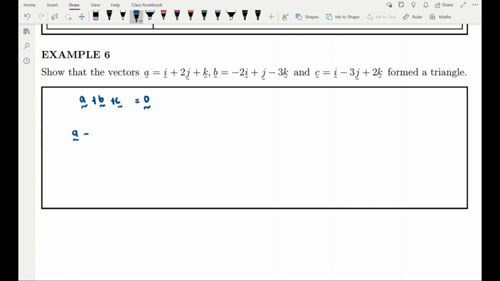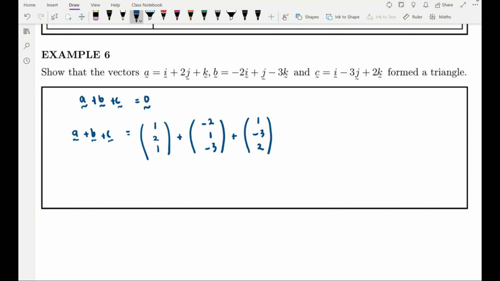So first we have to find A plus B plus C. So 1 plus -2 is -1 plus 1 is 0. And then 2 plus 1 is 3 minus 3 is also 0. And for the last one, 1 minus 3 is -2 plus 2 is also 0.